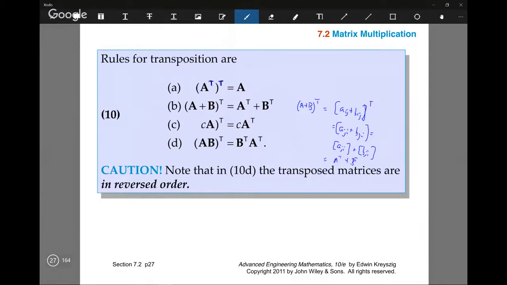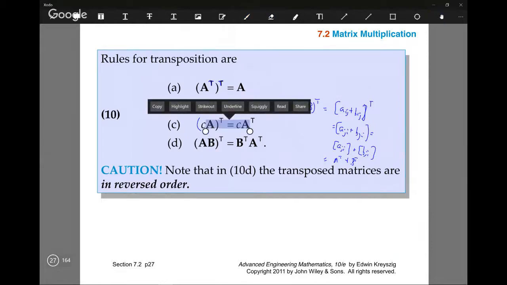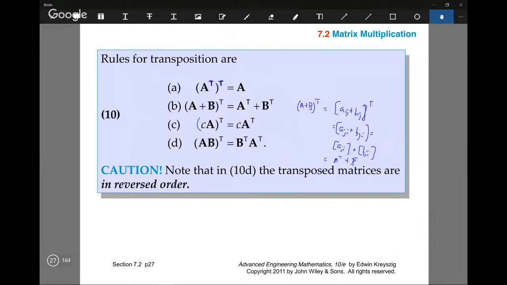So this is how you prove this formula, right? Some constant times A, the whole transpose, is the same as the constant times the transpose of the matrix.